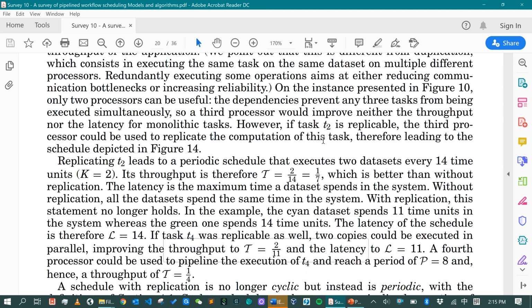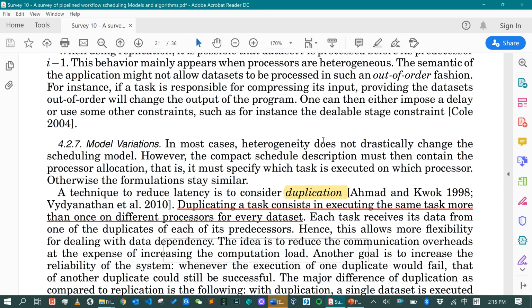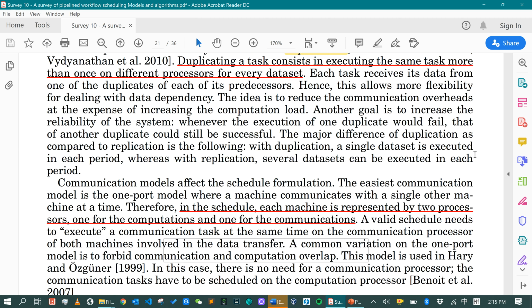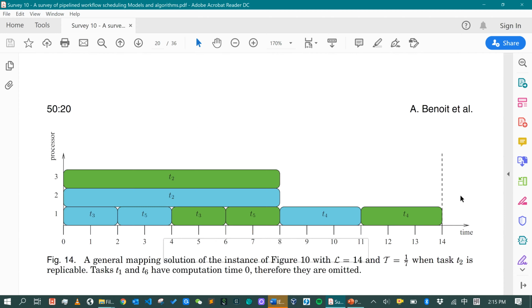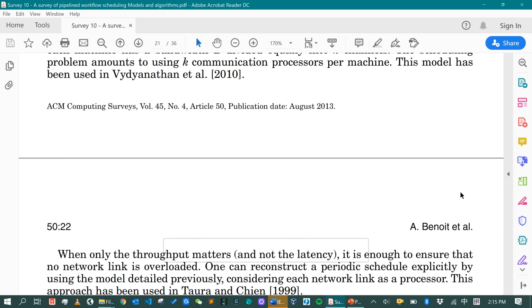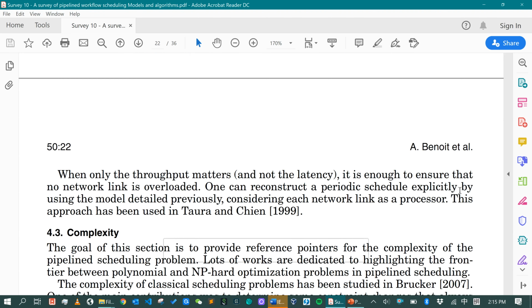Following this, they introduced some other techniques, in terms of the currently existing methods to schedule pipeline workflows.